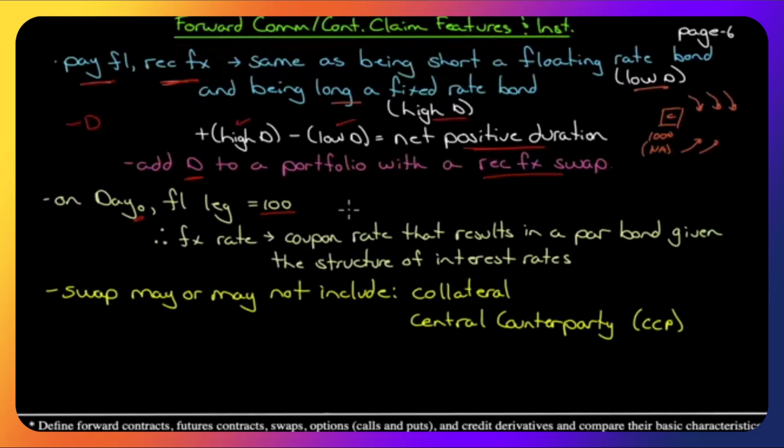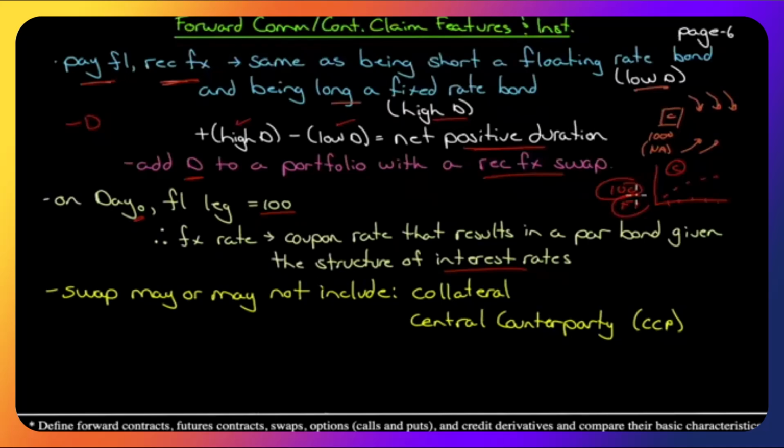So the fixed rate is the coupon rate that results in a par bond given the structure of interest rates. So if we have interest rates over 5 years that look like this, we would say, well, all the cash flows will be discounted at these appropriate spot rates for these periods of time. We'll come up with a yield to maturity. That yield to maturity will be the coupon rate. And if the coupon rate and the yield to maturity are equal, you have a par bond. This is all stuff you should know very well from fixed income.